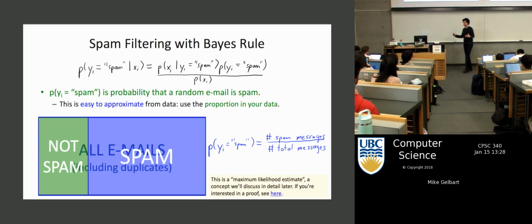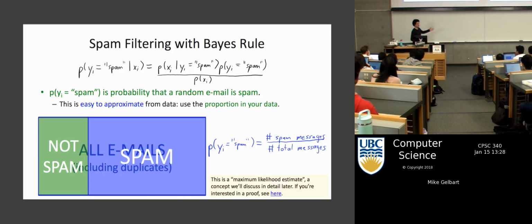We're completely ignoring the text of the emails, but we're just saying overall, how many of them are spam. And so what we can do is we can approximate this probability, y equals spam, with the frequency that y is spam by saying number of spam divided by total number of messages. And more formally, this thing is called a maximum likelihood estimate.